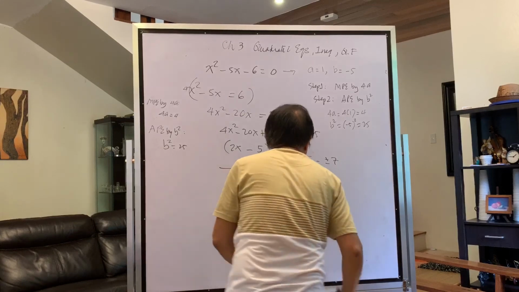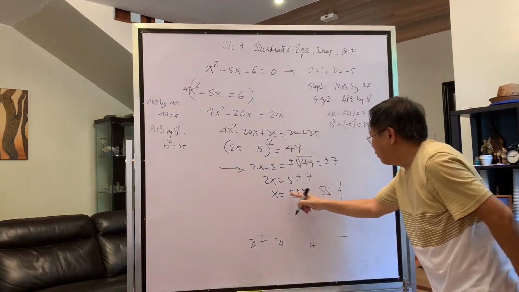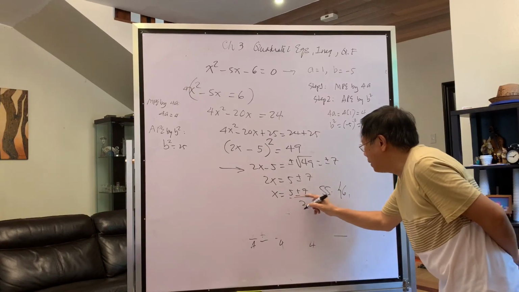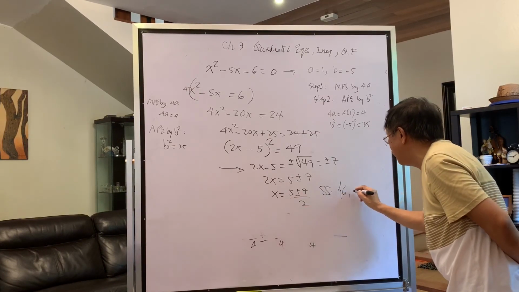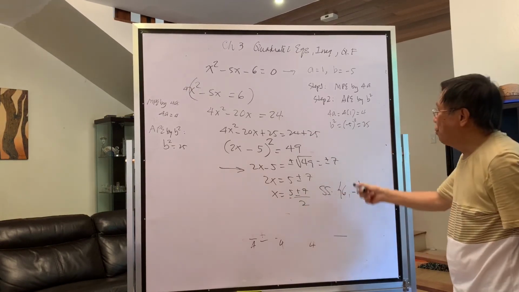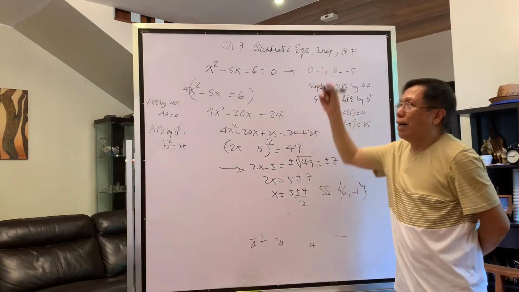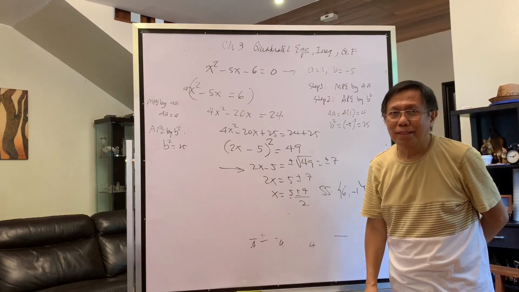So my solution here will be 5 plus 7 is 12 divided by 2 is 6. 5 minus 7 is negative 2 divided by 2 is negative 1. So this is an alternative way of doing solution by completing the square.